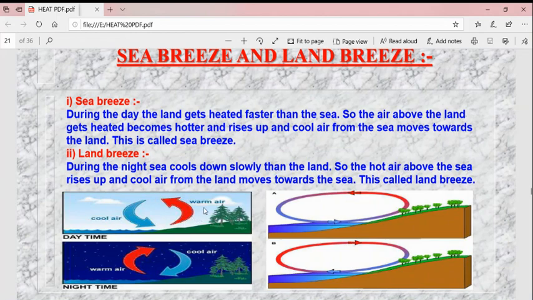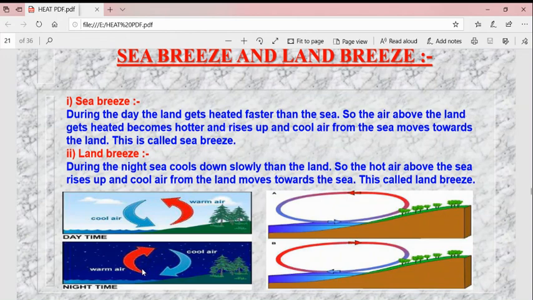And what happens during night time? Here you can see the night time, right? During night time, the air on top of the sea is warm and the air on the land is cool. The cool land air starts moving towards the sea, and the warm sea air moves towards the land, and this process continues during night time.